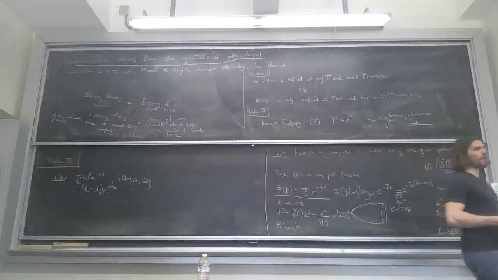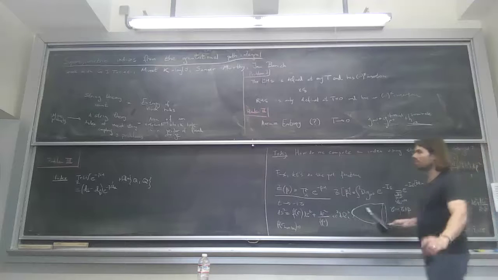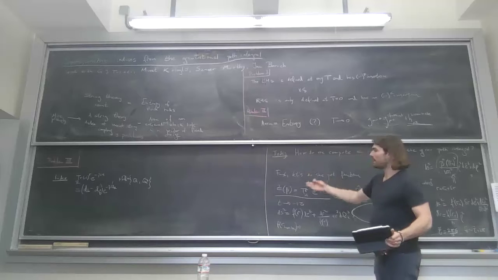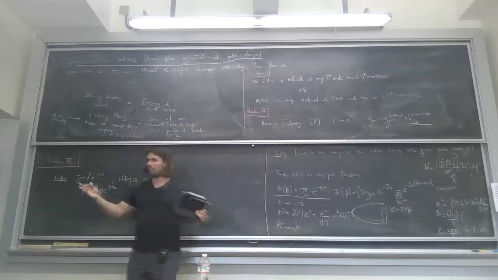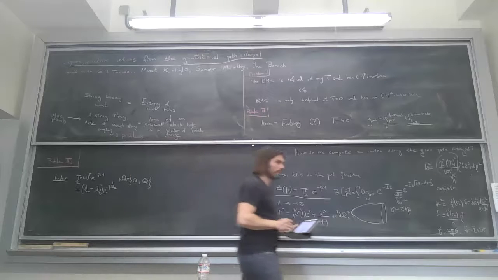And let me explain why people in the early days of ADS-CFT thought that there would be no contributions to the index. According to Gibbons and Hawking, this trace gives us a prescription for what boundary conditions we should set for the gravitational theory.